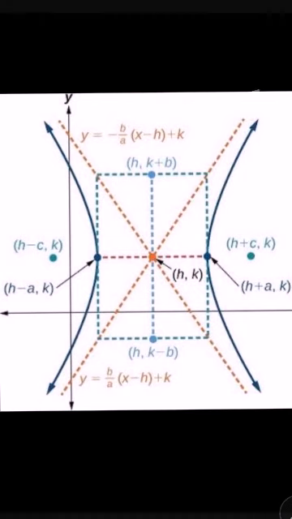So can we look at this question? Find the vertices and the foci of the hyperbola 12x squared minus 5y squared equals 60. How do we go about it?